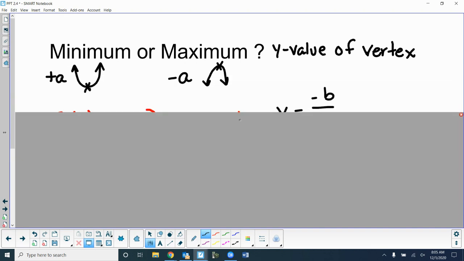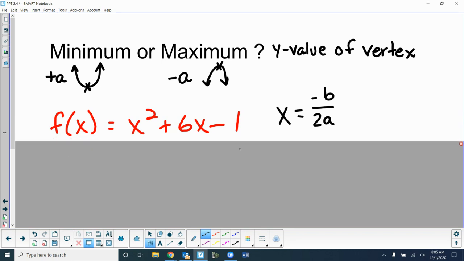Again, if A is positive, it opens up. You got this vertex at the very bottom. That's a minimum. If your A value is negative, then your parabola opens down and your vertex is at the very top, so that's a maximum. So if it opens up, you're looking for a minimum. If it opens down, you're looking for a maximum.